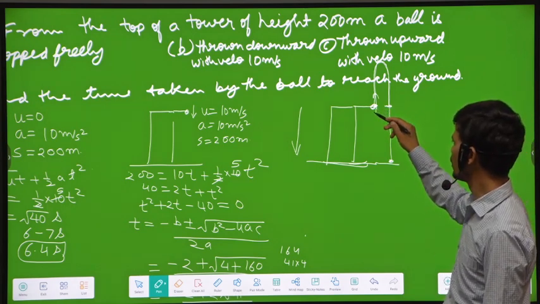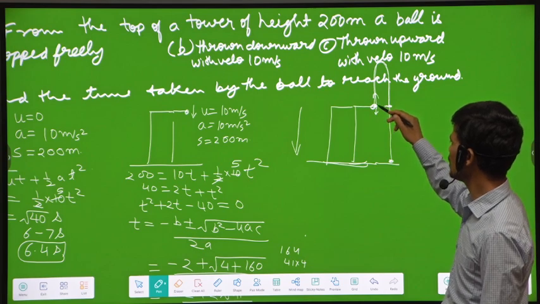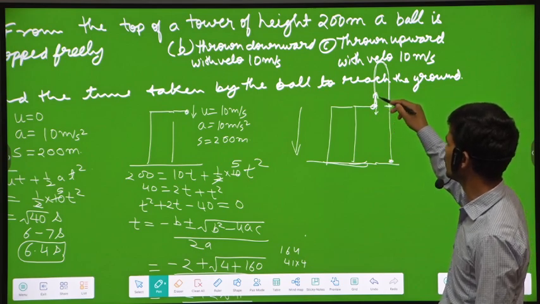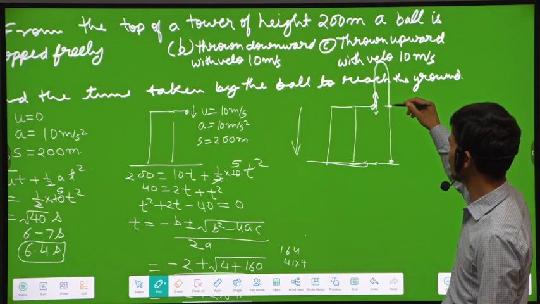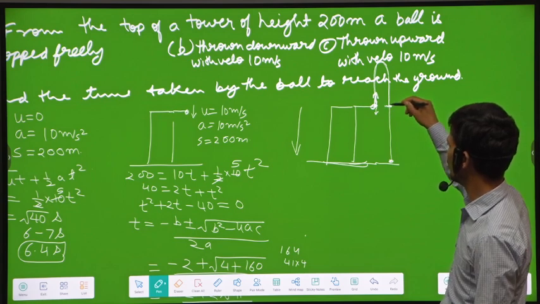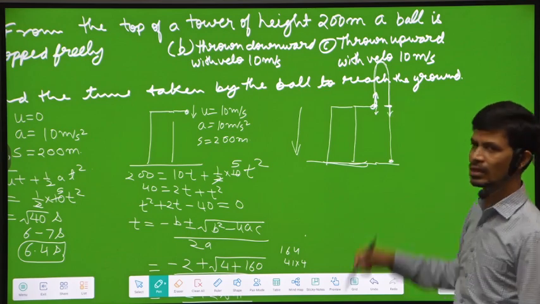The velocity by which it was thrown, the same velocity it will have on reaching this point, but in the downward direction.